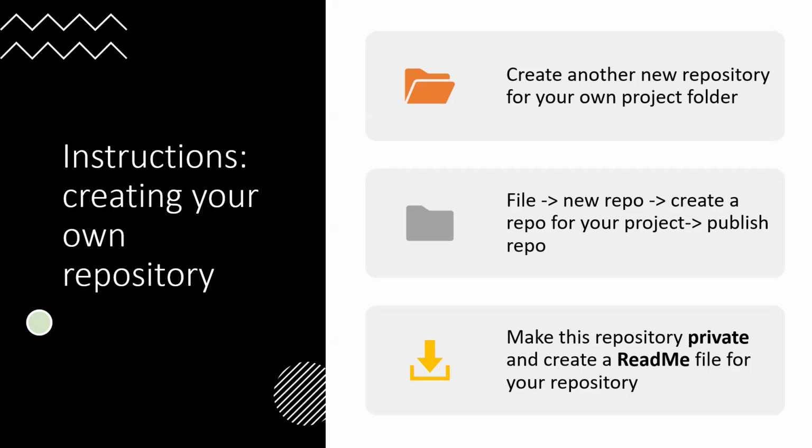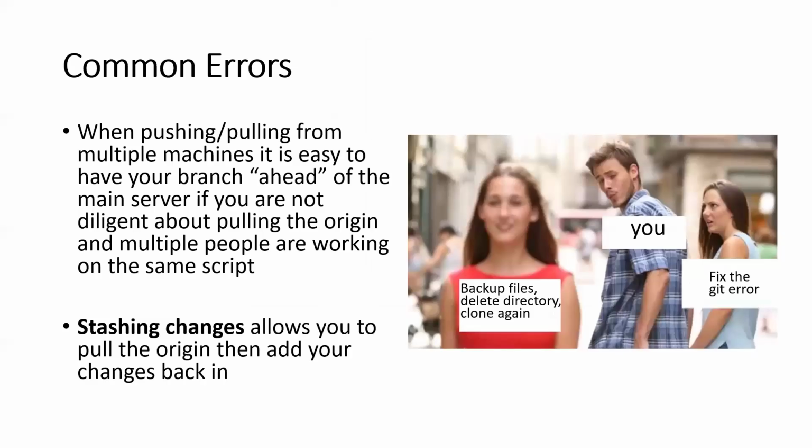So we're going to start talking about errors that you might run into if you're working with other people, with multiple cooks in the kitchen for the same project folder. One of the most common things that you'll see is a branch error, where your branch is either ahead or behind the main repository.